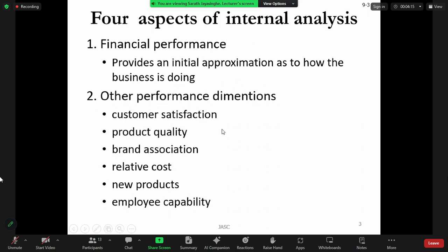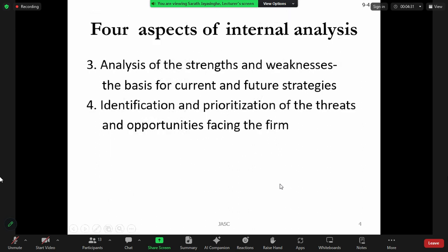Always we are talking about that, and we have to measure it while we are doing our strategic planning. Then product quality, brand association, relative cost, new products, employee capacity. The other one, number 3, analysis of the strengths and weaknesses, the basis for current and future strategies.